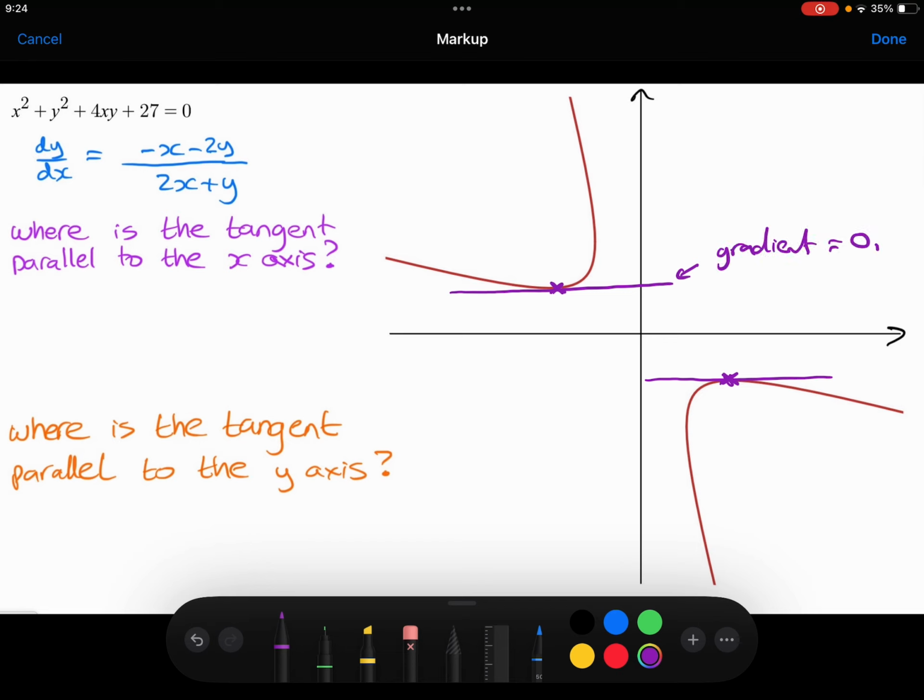So I would make my gradient function equal to 0. Other ways of thinking about that, those are stationary points also. So we're used to dealing with those. As I move along that tangent, the change in y is 0. And so hopefully it makes sense that the numerator here would equal 0.